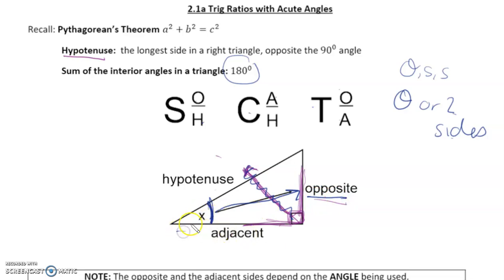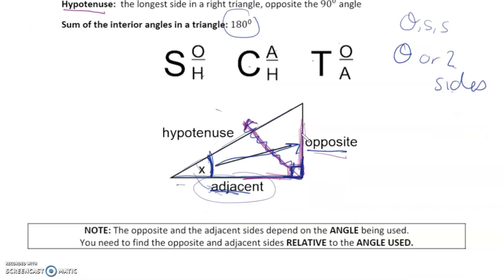And then adjacent is on this side. If we think about our English classes and the word adjacent, we think, oh, next to, beside, right? So the adjacent and the opposite always meet at the 90 degrees, and the adjacent is beside the angle. Okay, and then hypotenuse never changes. It's always going to be the long side of the triangle.